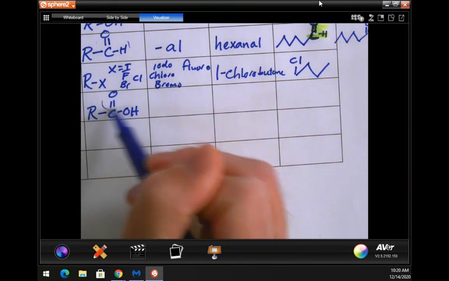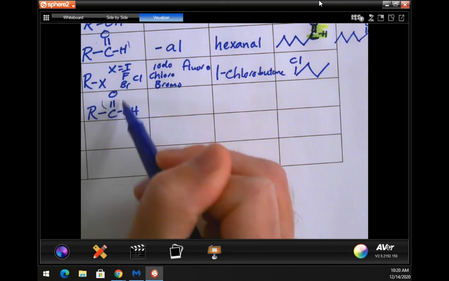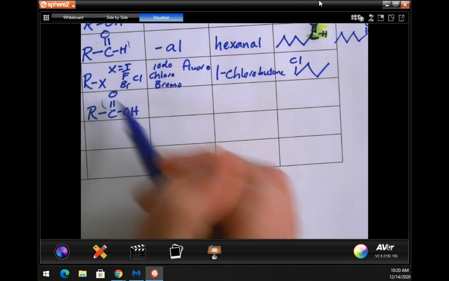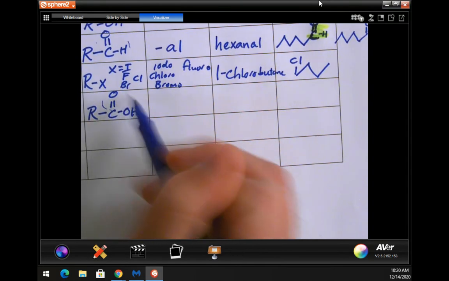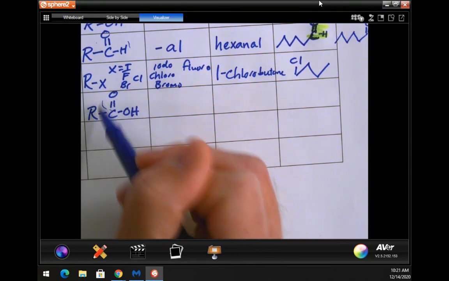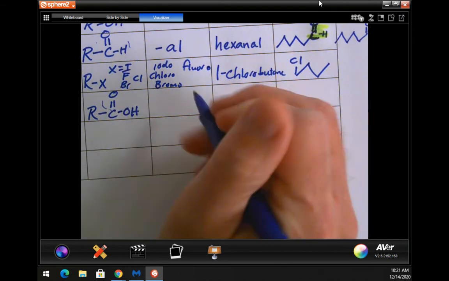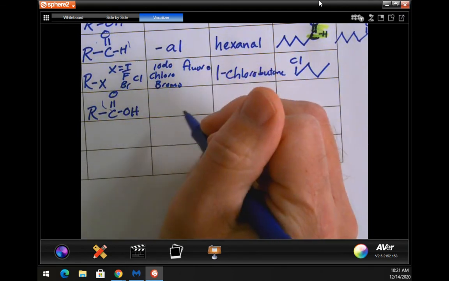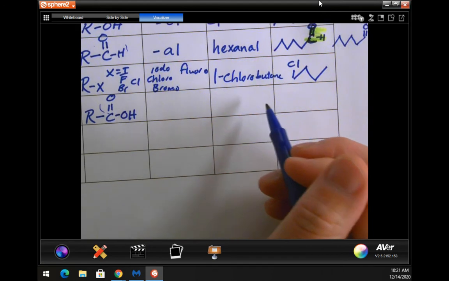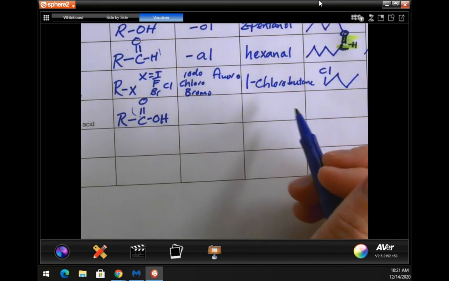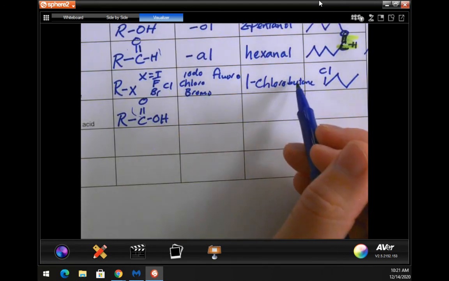And this is the aldehyde. They form both. This whole thing is the carboxylic acid. Okay? Is that butane? What's that? The chlorobutane, is that butane at the end of the chloro? Yeah, I put butane. Yep.